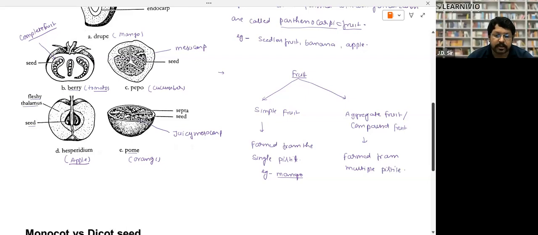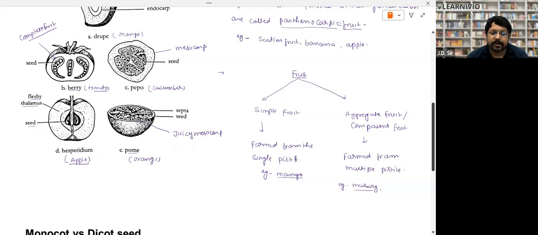Multiple pistils aggregate, and after compounding, multiple pistils get united and form a single fruit, right? They are called compound. Compound fruit example like mulberry, right? In mulberry, every small seed is what, an ovary, right?